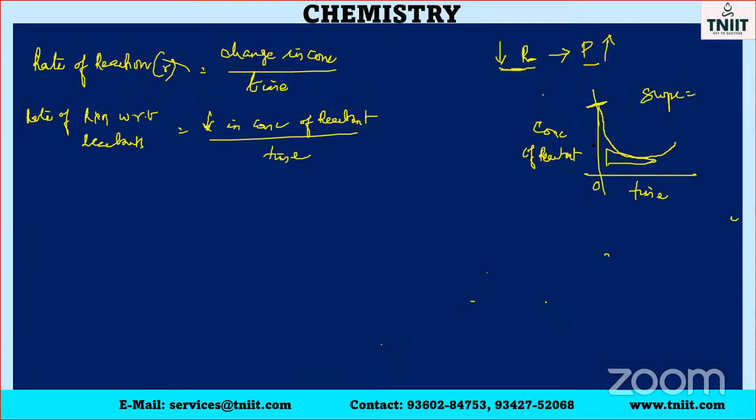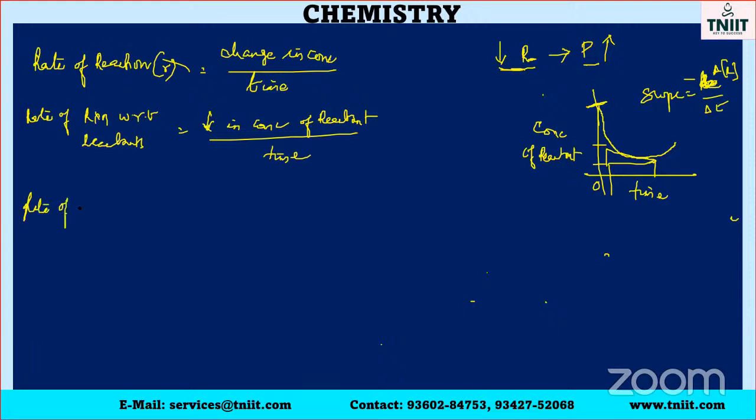This is change in concentration and this is change in time. So we can represent it as delta C by delta t, change in concentration with respect to time. Since we're talking about reactant, delta R, change in concentration of reactant with respect to change in time, and this will have a minus sign. Why is it a minus sign? It's because the concentration of reactant decreases.